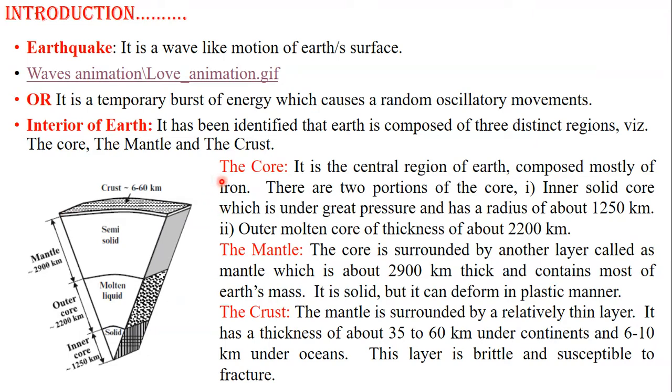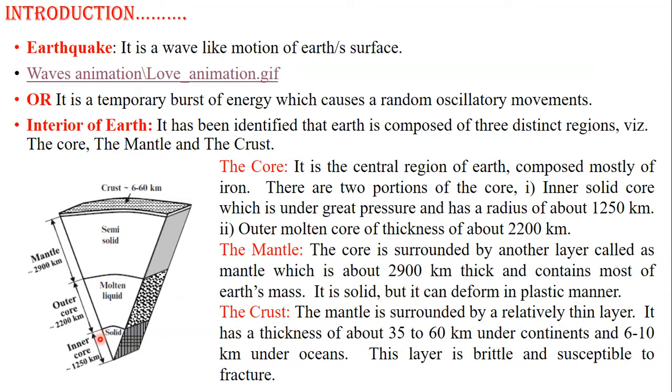So let us see what is core. It is the central region of earth composed mostly of iron. There are two portions of the core. Number one, the inner solid core, which is under great pressure and has a radius of about 1250 kilometers.